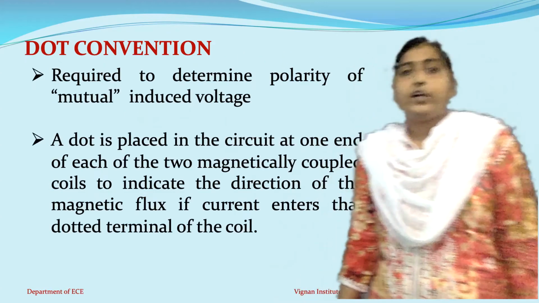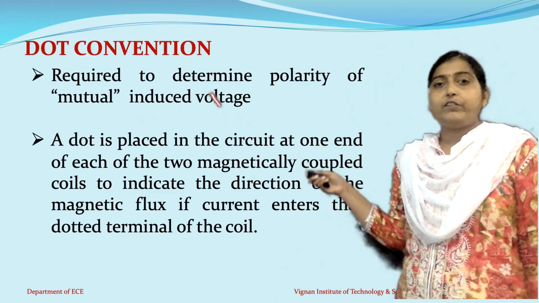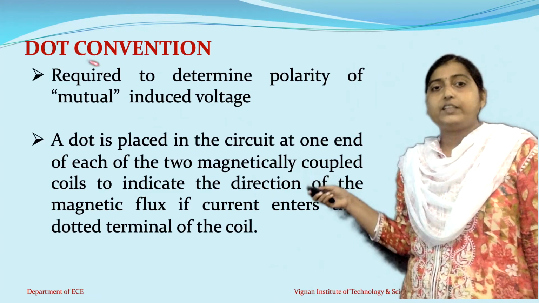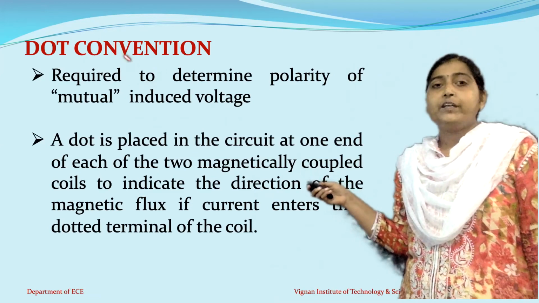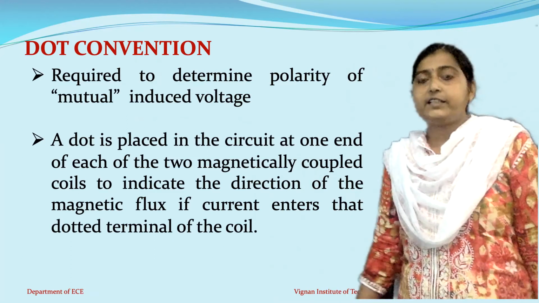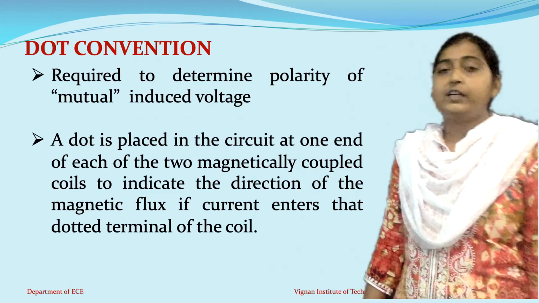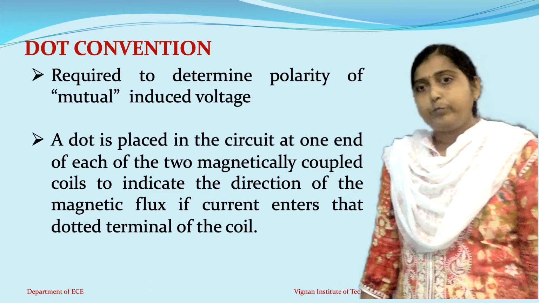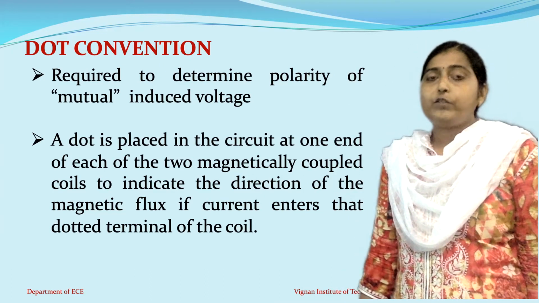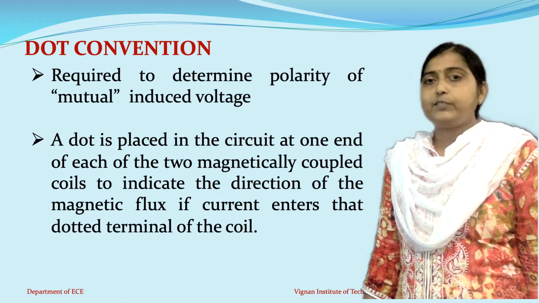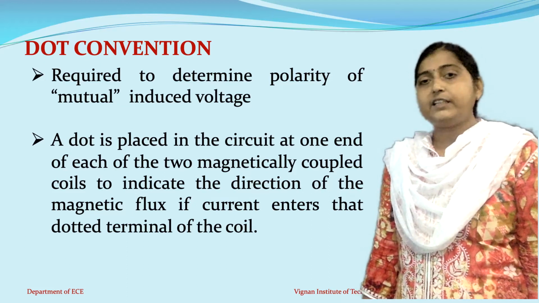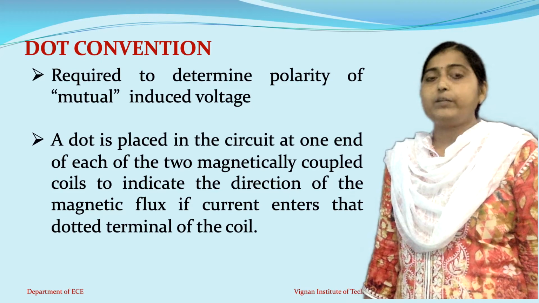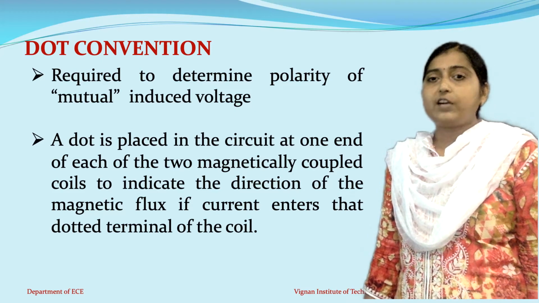Now, coming to the most important topic with respect to magnetic circuits, that is dot convention. As we already discussed, every magnetic circuit is related to self-inductances and mutual inductances, and mutual inductance induces some voltage across the coil.